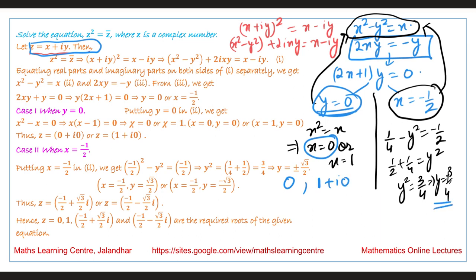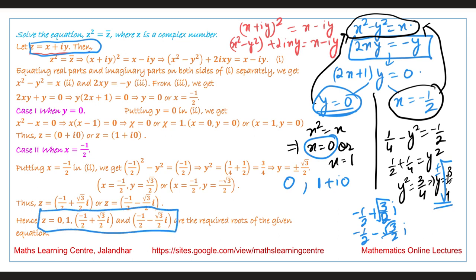And from this, the x value we have is minus 1 by 2, and the y value is plus minus square root of 3 by 2, so it is minus 1 by 2 plus square root of 3 by 2 iota, and minus 1 by 2 minus square root of 3 by 2 iota. So these are the values of z that we can have.